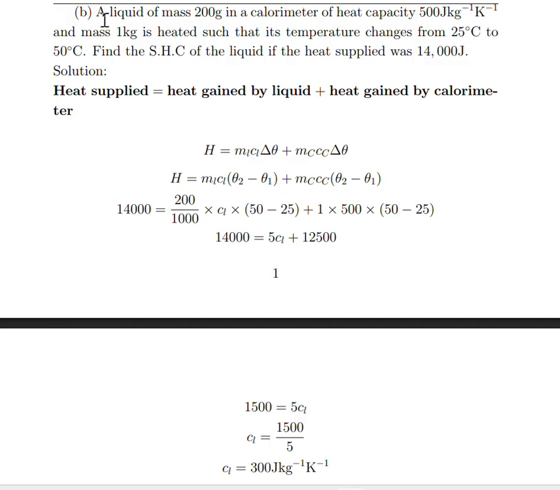Okay, let's have also this example. A liquid of mass 200 grams in a calorimeter of specific heat capacity 500 joules per kilogram per Kelvin and mass 1 kilogram is heated such that its temperature changes from 25 degrees Celsius to 50 degrees Celsius.